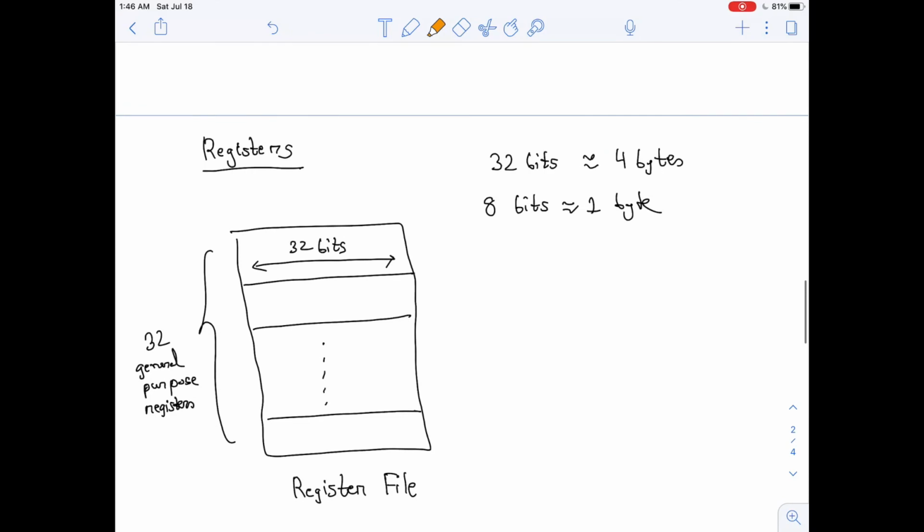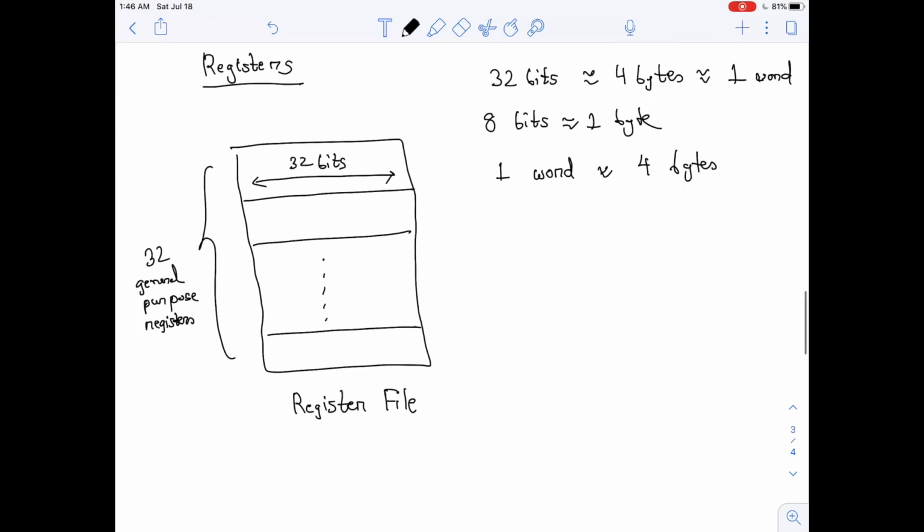Okay, so another term that you need to familiarize yourself with is word. So 1 word is equal to 4 bytes, which means for MIPS, a single register holds 1 word worth of data. Okay, so as I said previously, I'll repeat again that to perform any operation in MIPS, you're going to need to load values from your register.